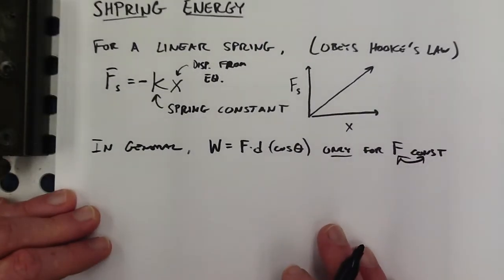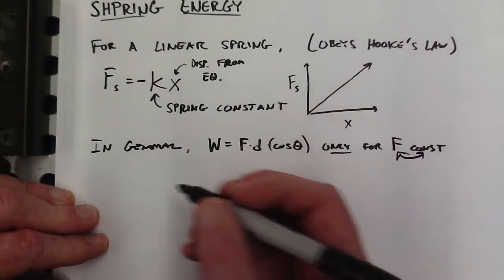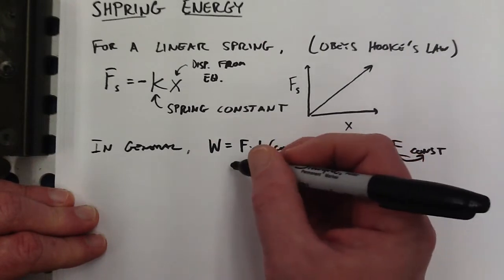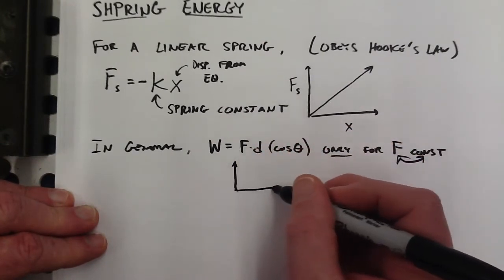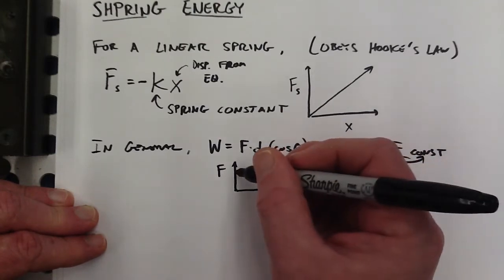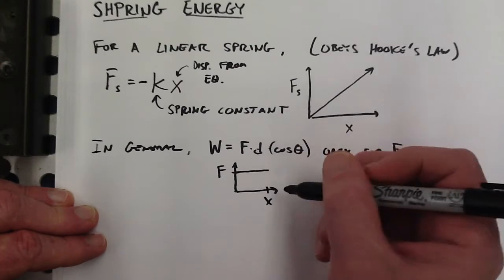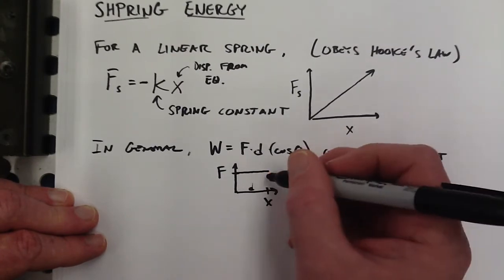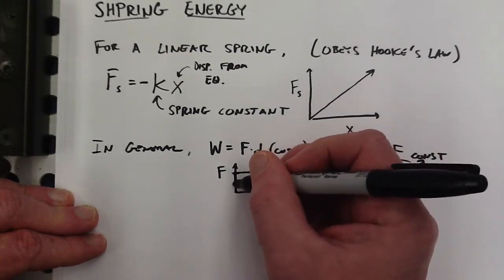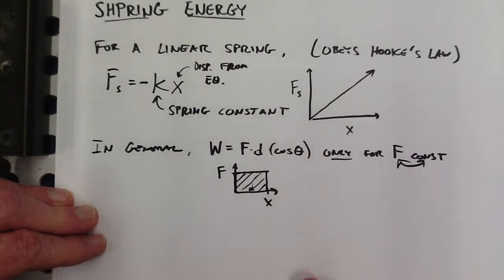So what do we do here? Well, one way of understanding this force times displacement, if we have some constant force and some displacement d, is that multiplying force times distance is area.